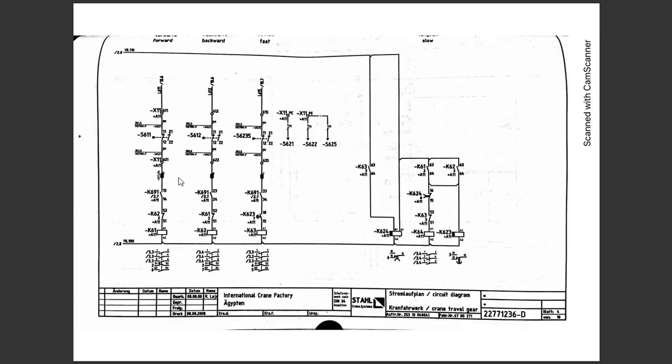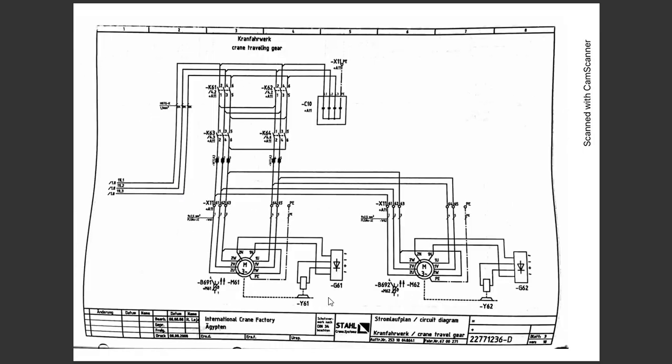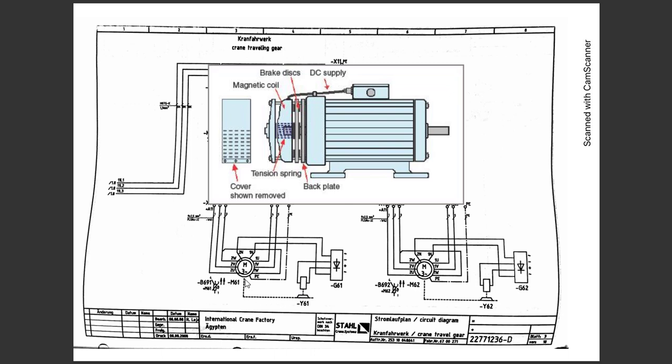Very good. Now we need to know what is Y61, what is G61, what is B691 for this motor, and for the second motor, what is Y62, what is G62. Actually, Y61 is an internal braking inside the motor. This braking will make the motor stop instantaneously by making a mechanical clutch on the rotor.